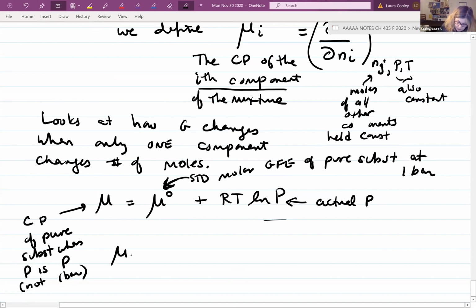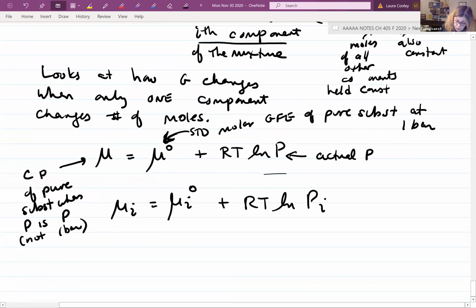So now we have mu i is mu i0 plus RT log of Pi. So this is mu i, the new mu i. And these two are actually the same. So that is to say that the standard state, this is the chemical potential of the ith component, of the pure ith component of a gas mixture at 1 bar.